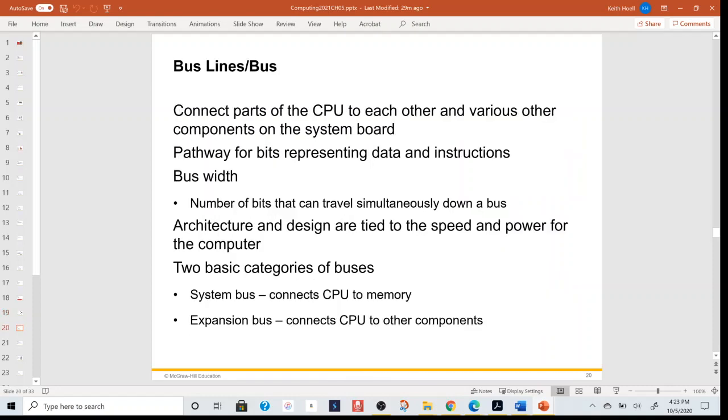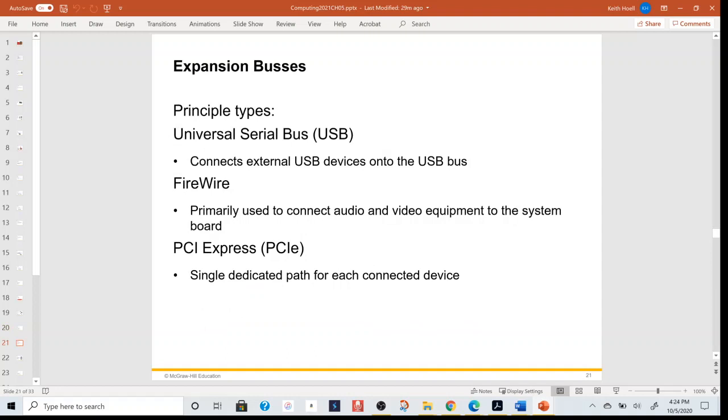I went over buses and bus lines. There are certain types of buses you may have heard of. One is called a USB, Universal Serial Bus. When you plug your thumb drive, also called a pen drive or a USB drive, into your computer, it's plugging into a port that is connected to your system board, your motherboard's buses.